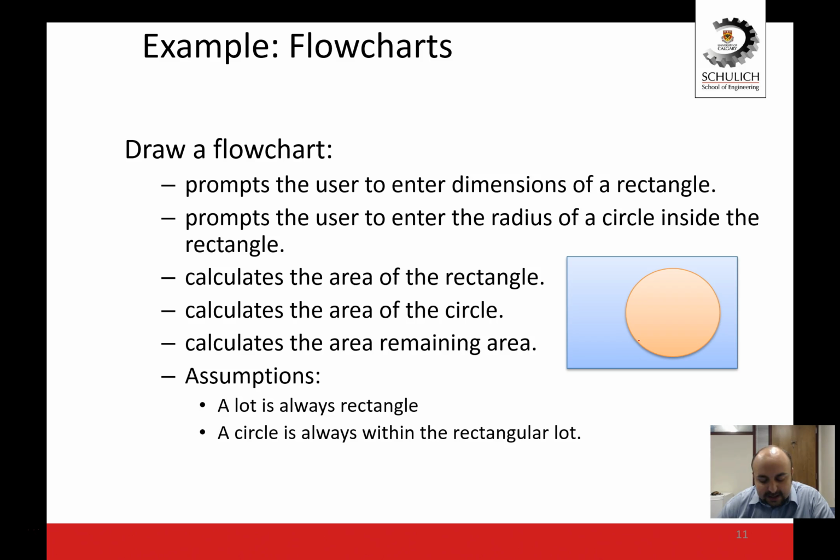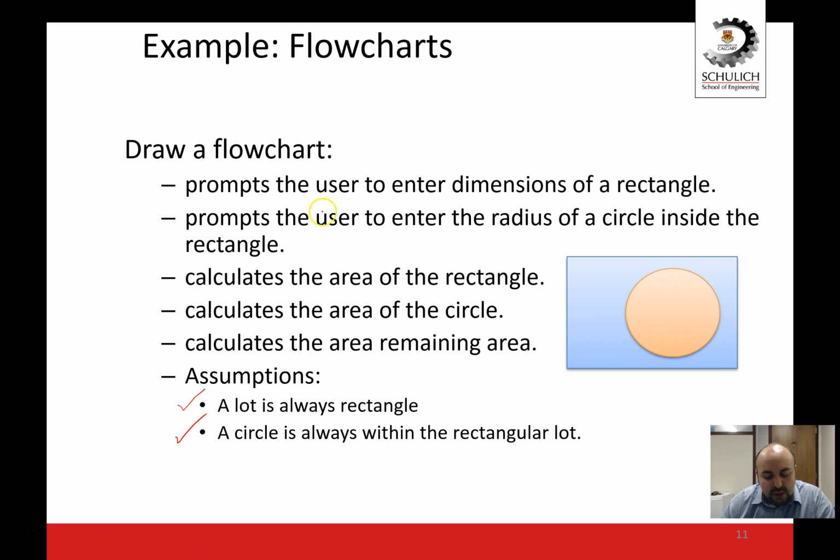So a couple of important things. First of all, the assumptions are that the lot is always rectangular, and that the circle is always within the rectangular lot. So half the circle is not out of the lot. So these two, we can assume that.